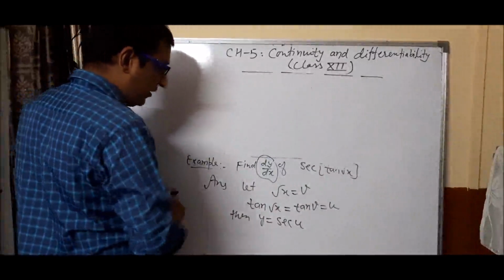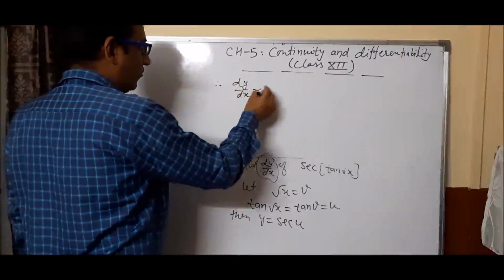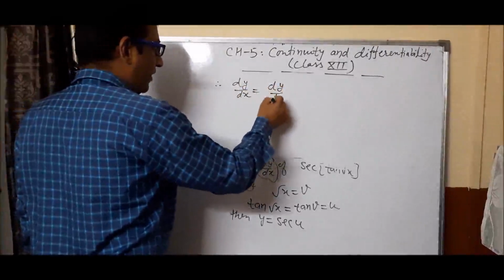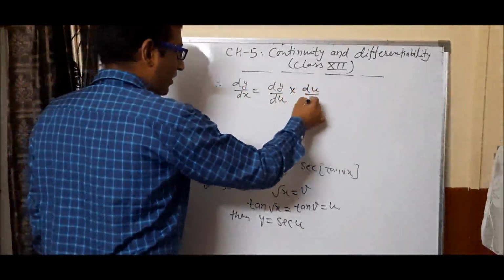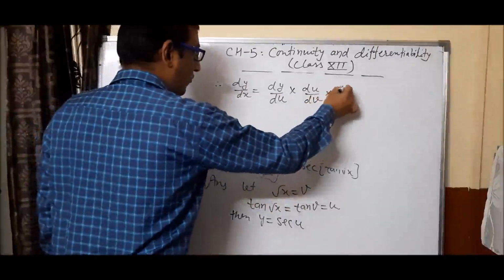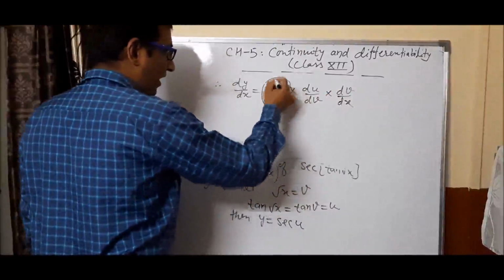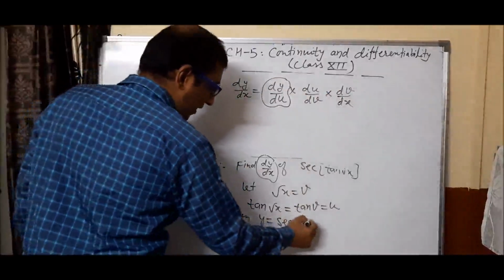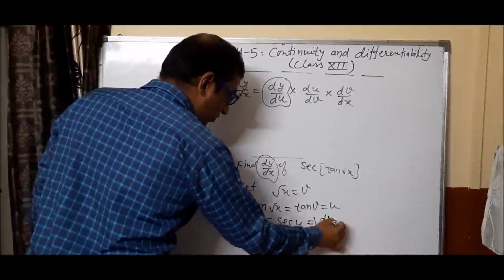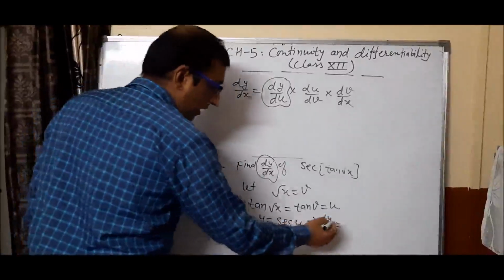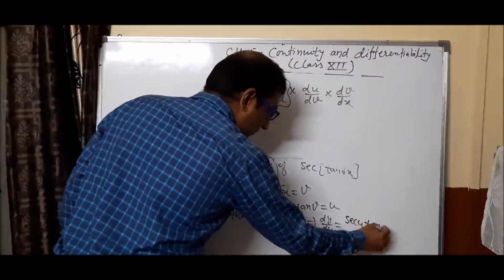So we will write down the formula dy by dx equals dy by du into du upon dv into dv upon dx. How will we calculate dy by du? dy by du equals the differentiation of sec u, which is sec u tan u.